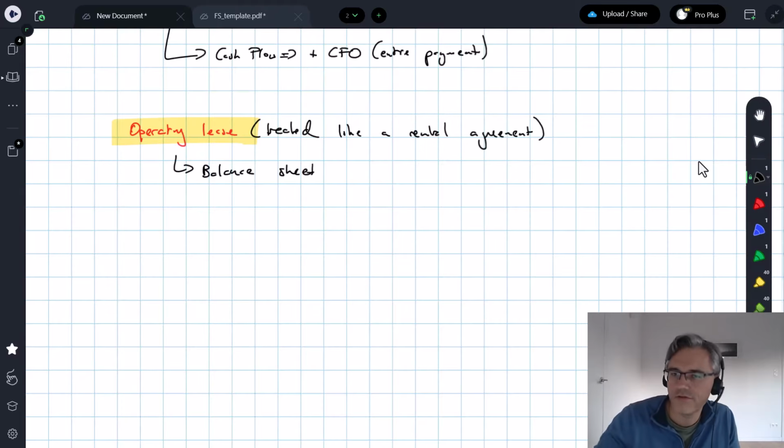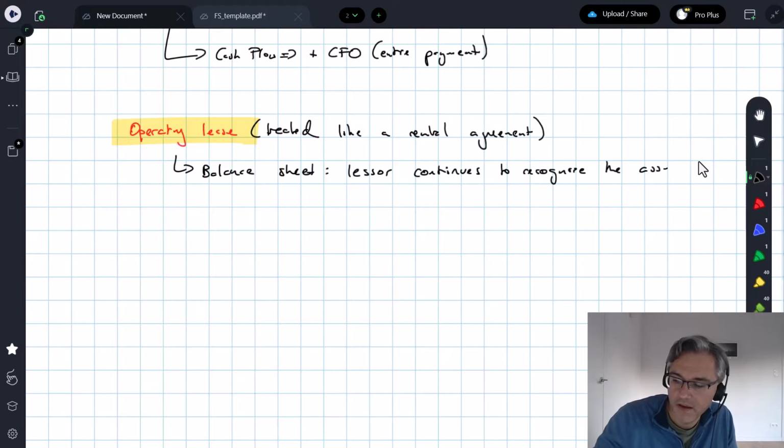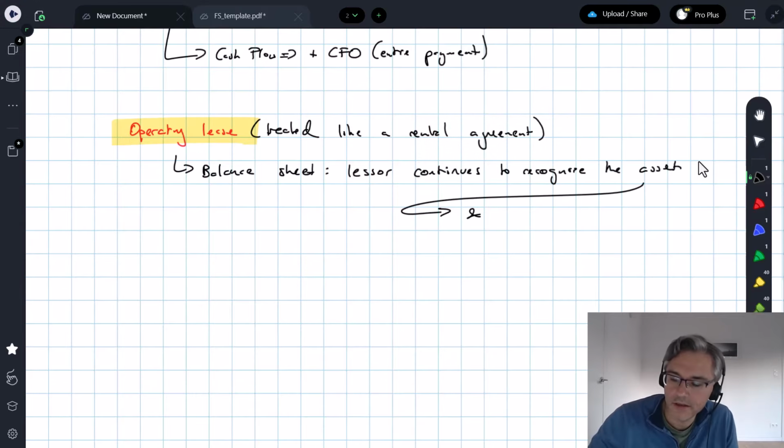You haven't lost control of it. So in the balance sheet, the lessor still continues to recognize the asset, continues to keep the asset in their balance sheet. And what follows from that is you depreciate it as well, normally, right?